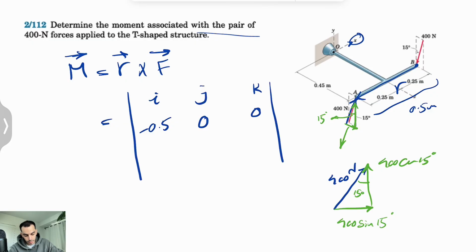We just have to watch for the signs. We can see both z and y components are along the positive axes, so they're both positive, no x. So 400 cosine of 15 degrees for J and 400 sine of 15 degrees for K.